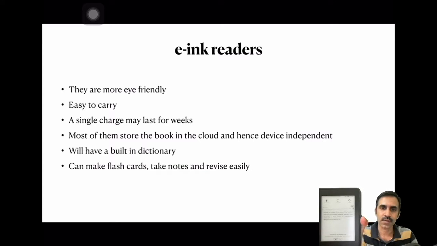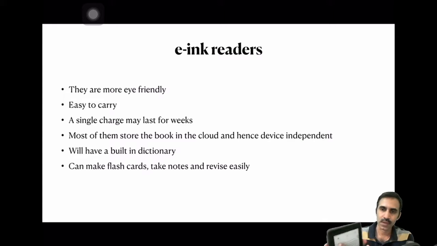So it is more friendly for your eyes. At night time you can add light, but that light also will not be coming onto your face. It comes from the side panel of the reader, and it reflects onto the screen, so no direct light comes from the screen onto your eyes.